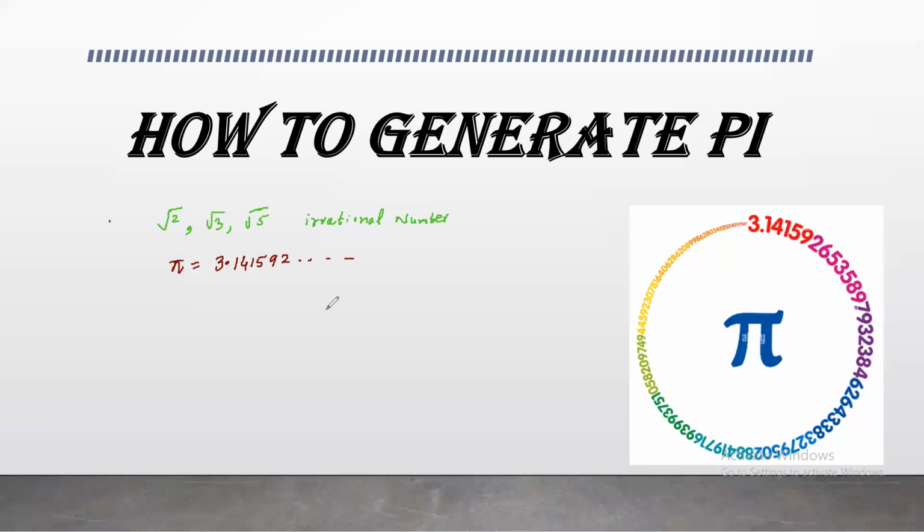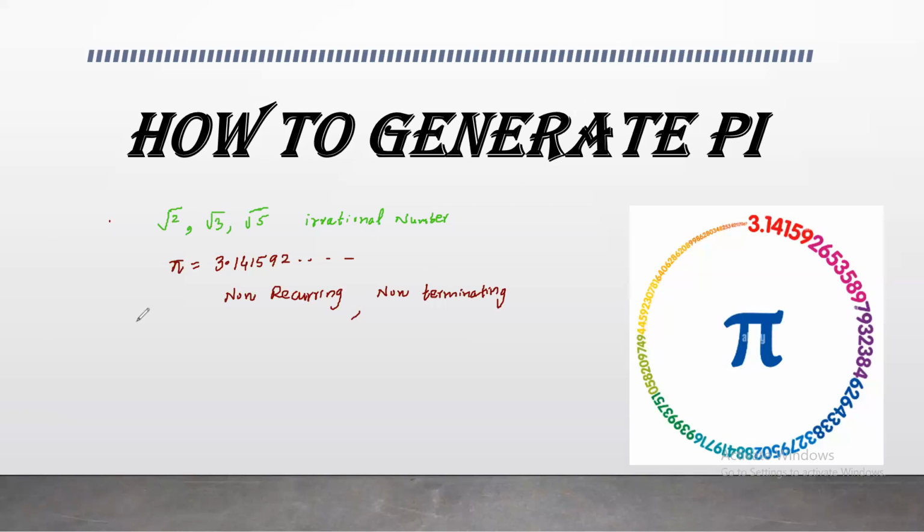As you can see, after the decimal there is no repetition and the numbers are not repeating, so that means it is non-recurring and non-terminating also. So this is called the value of pi, which is non-terminating, non-recurring, and irrational.